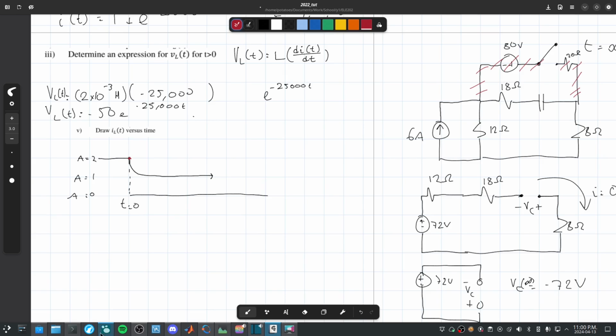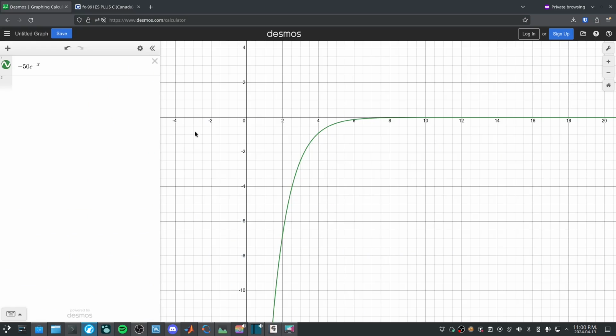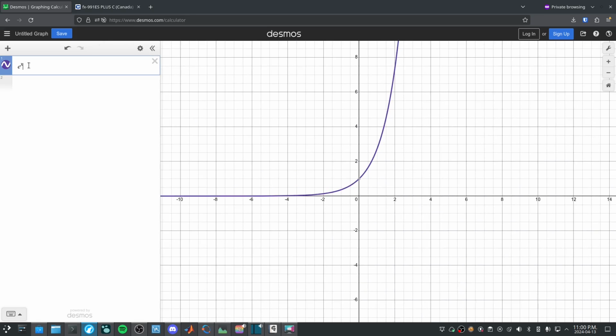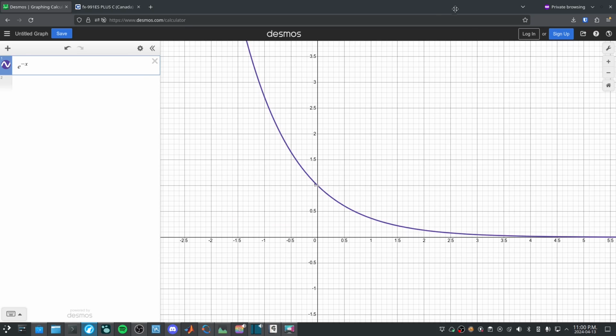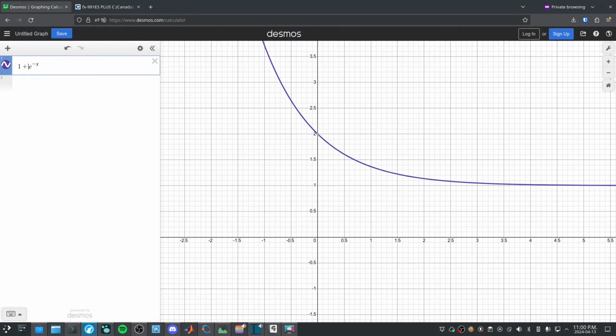Let's see this on Desmos. If I go here and I put in e to the negative x, plus 1, 1 plus this. This function really only works for when time is greater than or equal to 0.